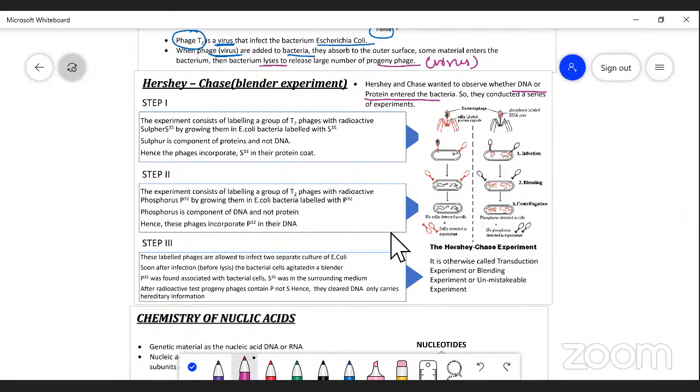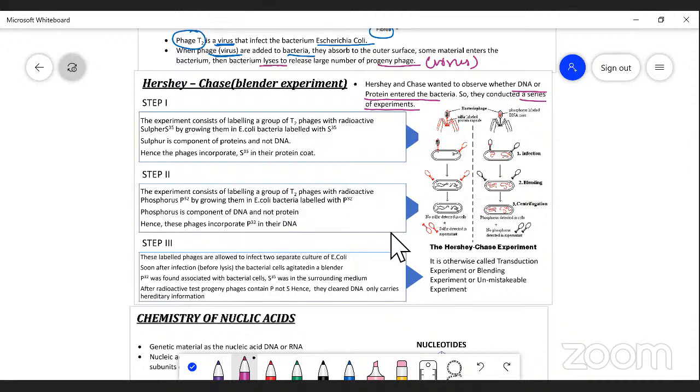That is the basic concept. So they conducted a series of experiments. This experiment takes place in three steps.